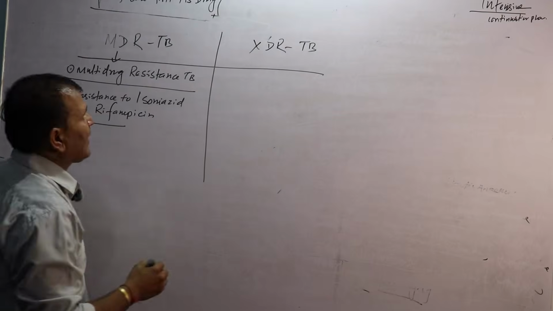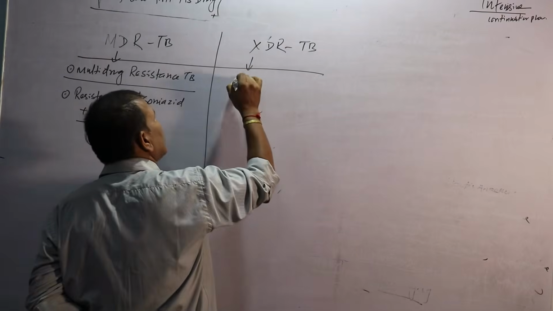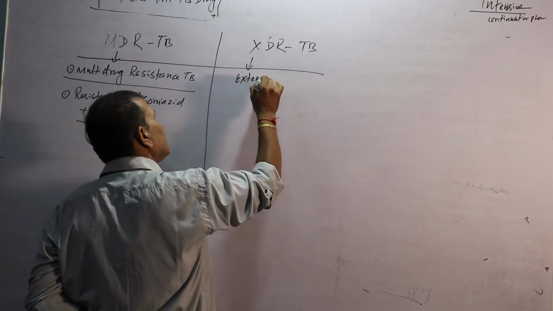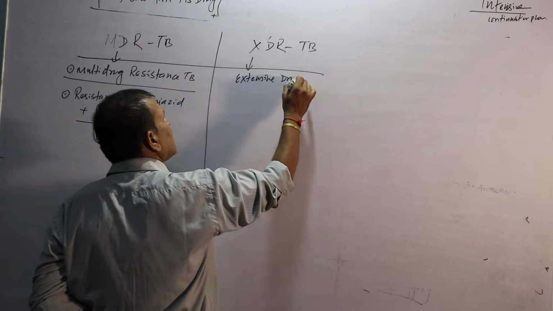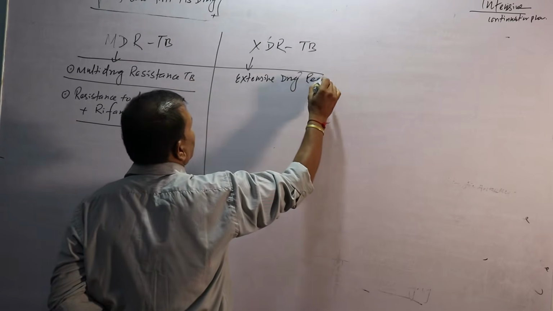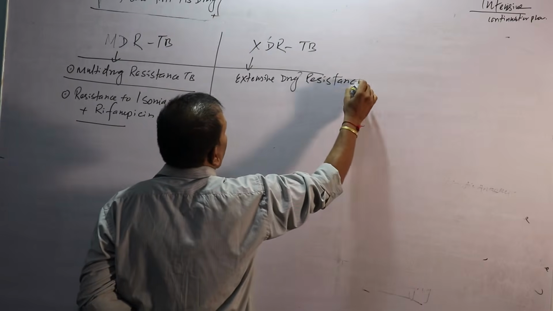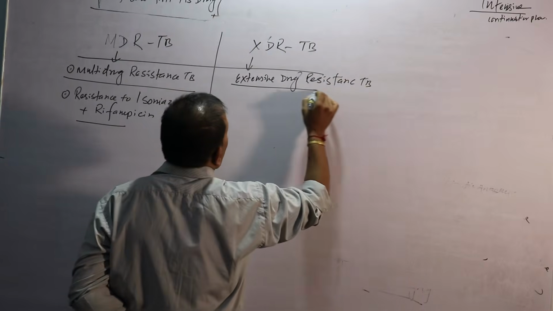So what is XDR? XDR means extensively drug-resistant TB.